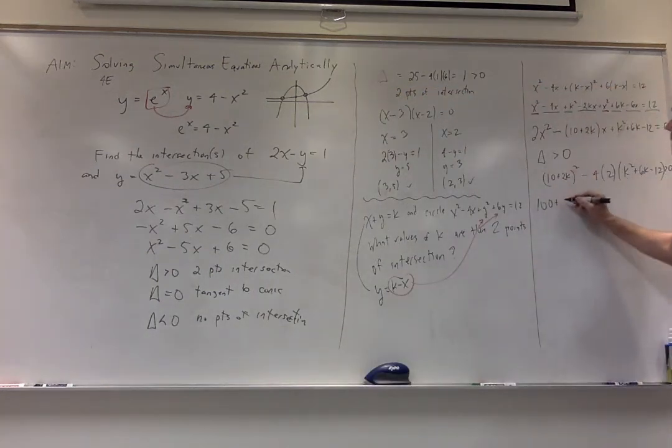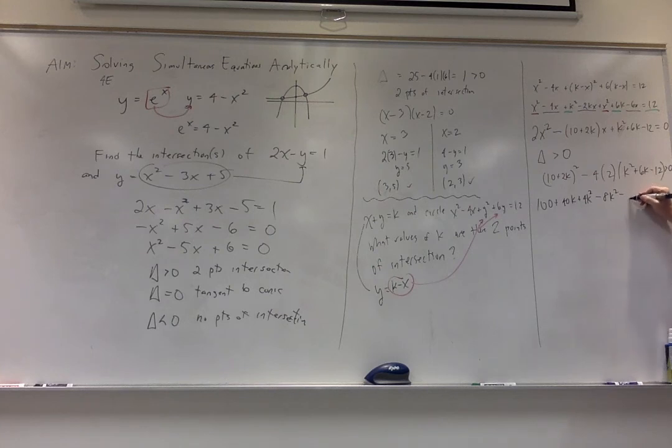100 plus 40k plus 4k squared minus 8k squared minus 48k plus 96 is greater than 0. Let's simplify.